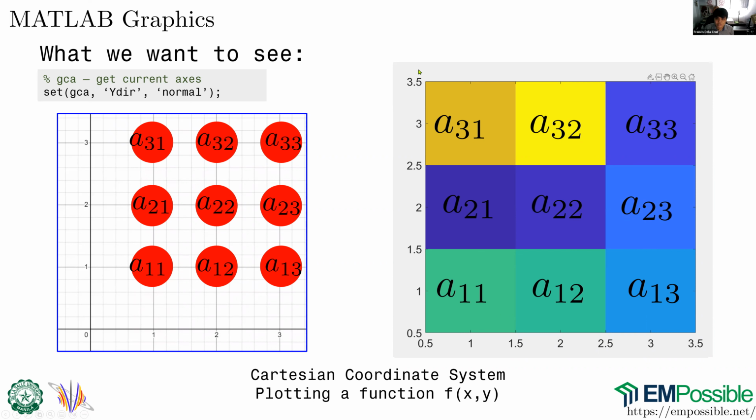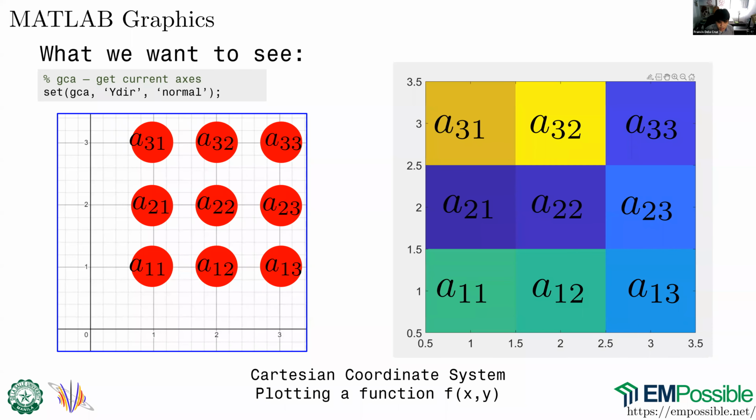I will just use the matrix understanding of MATLAB, not changing the YDir. It's still the same. The math is not that complicated. But if you do not feel comfortable using that 0 to 5 down to 3.5 or inverse or reverse orientation, then you are free to use the YDir. So that's the MATLAB graphics for using the command line.